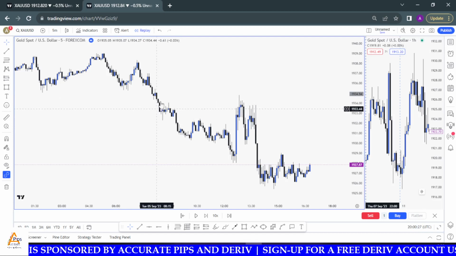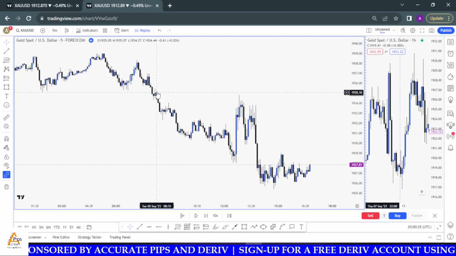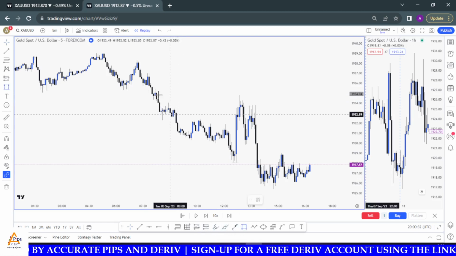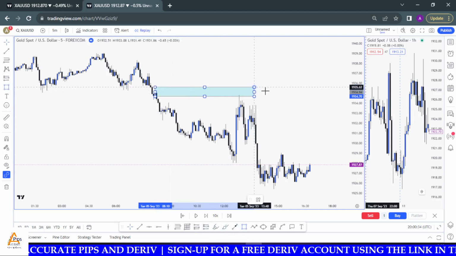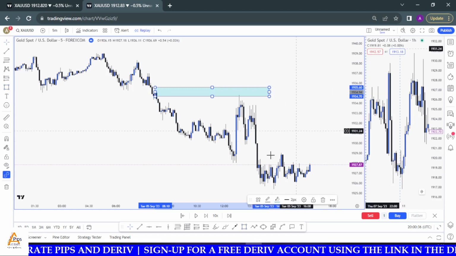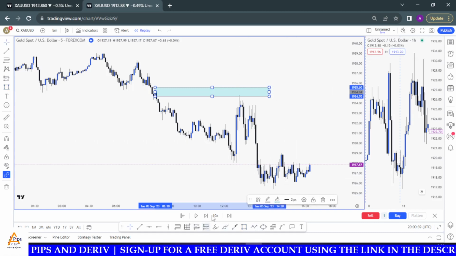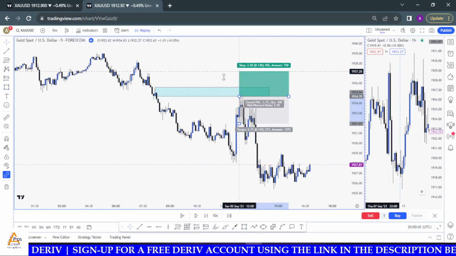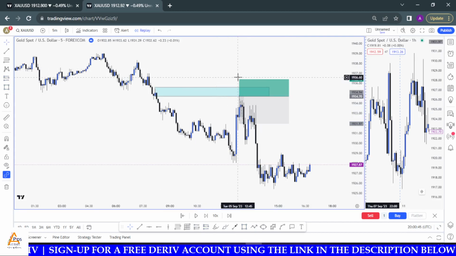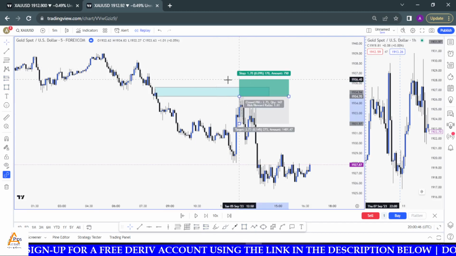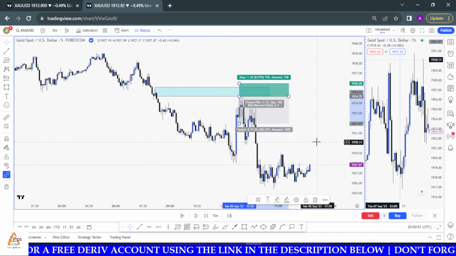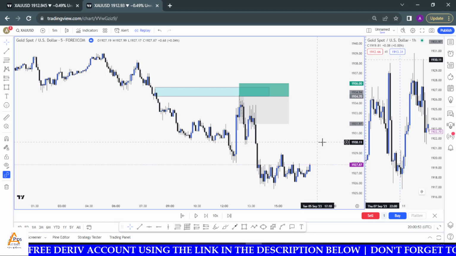But here gives us an imbalance, so you can take a risk over here. And also here, your target yet again is your decisional OB, and your SL just above here.